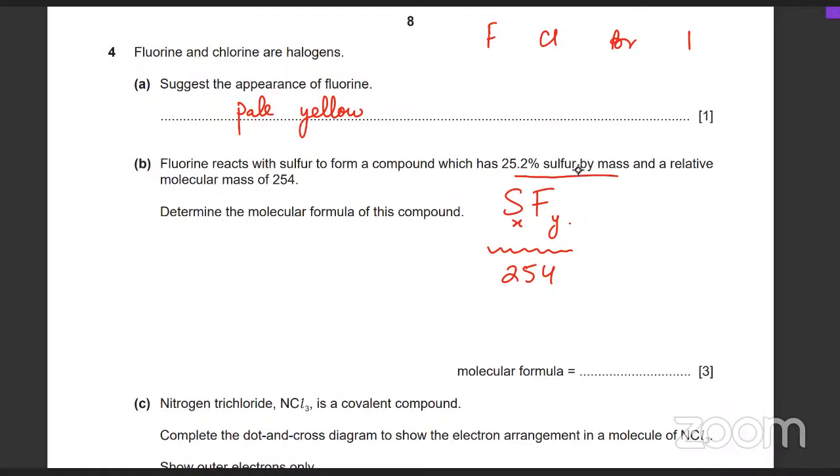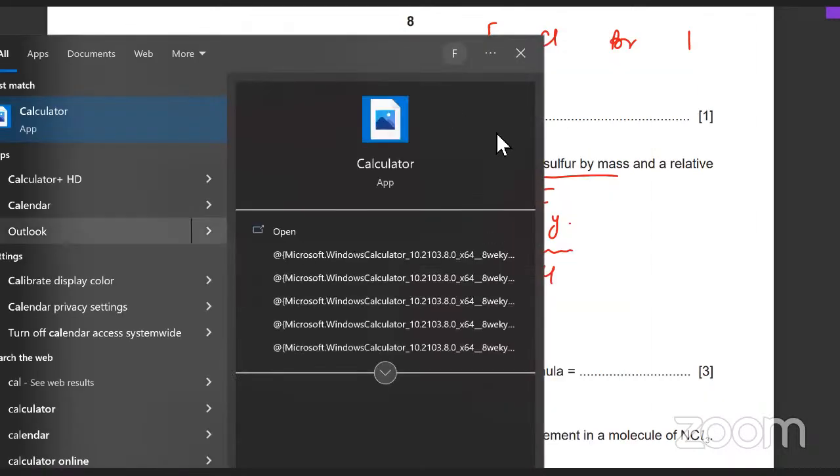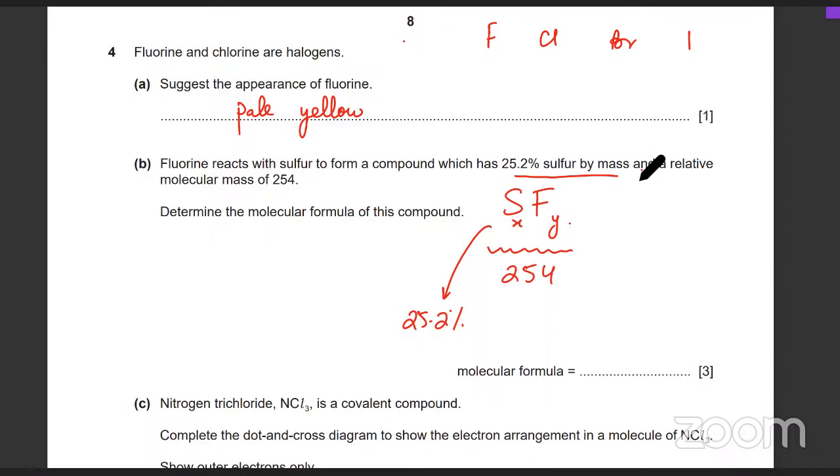So sulfur is 25.2% by mass. यानी इसका मतलब है 254 का 25.2% निकालो, क्या आता है? और बाकी भी निकाल लो. बाकी परसेंटेज फिर फ्लोरीन की होगी, 100% में से 25.2%. So that's 74.8%.